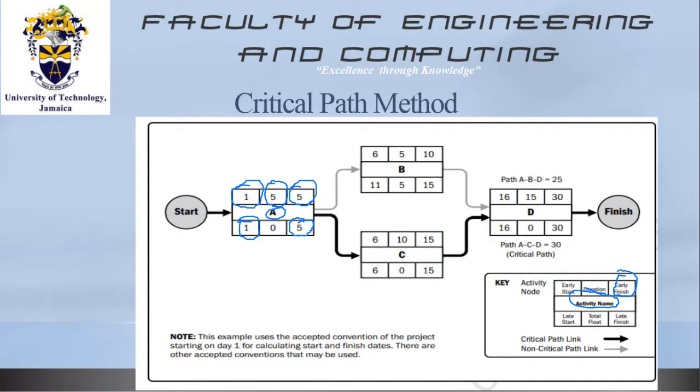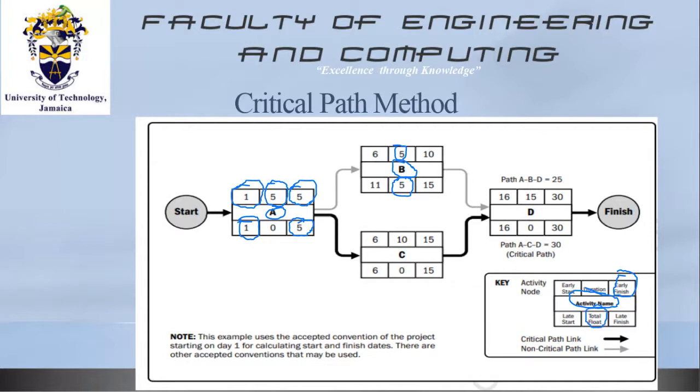For activity B, the duration is 5 days. Let me go back to activity B. It has a float. You notice a float of 5 days. So total float, in some literature you will see slack.